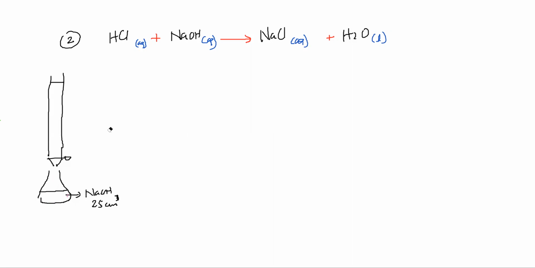So does the whole thing turn colorless immediately, or does it happen gradually? It happens immediately, but exactly when it will happen, you don't know. So you have to be careful while adding. You can't add at a fast speed. You have to add slowly, drop by drop, so that you don't miss that and end up adding excess.